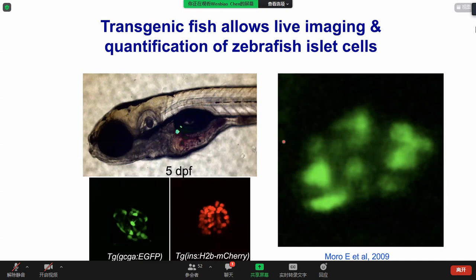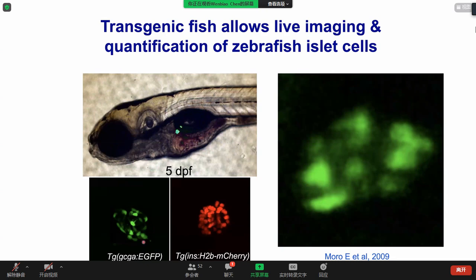What I'm going to show you here is a transgenic animal that expresses GFP in alpha cells driven by the glucagon promoter, and expresses H2B-mCherry driven by the insulin promoter. We chose the nuclear localization because beta cells are very compact in the core of the islet, just as in mice, and so it's very difficult to count if they're cytoplasmic.